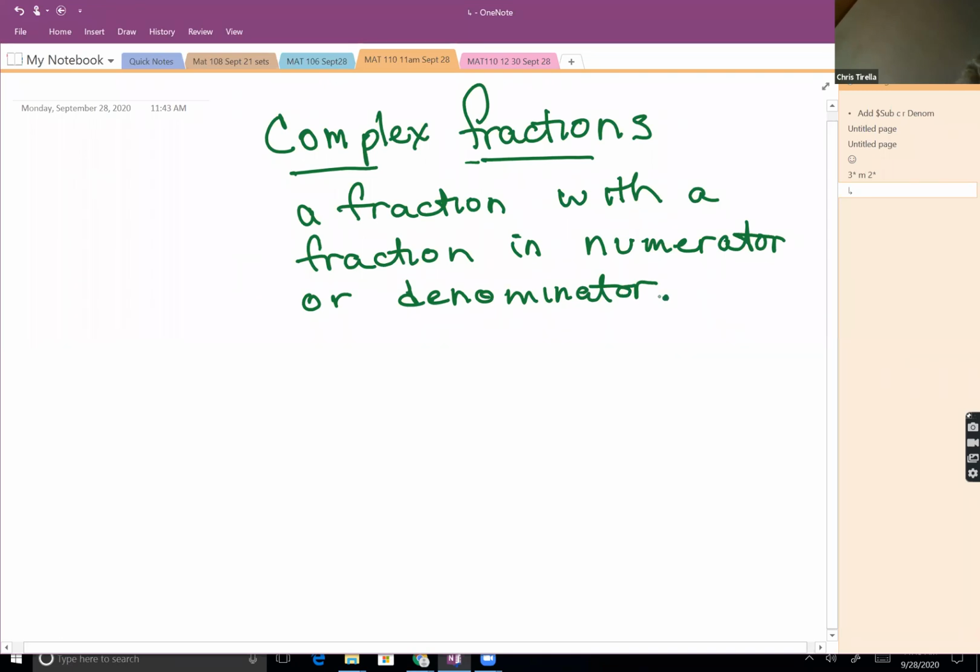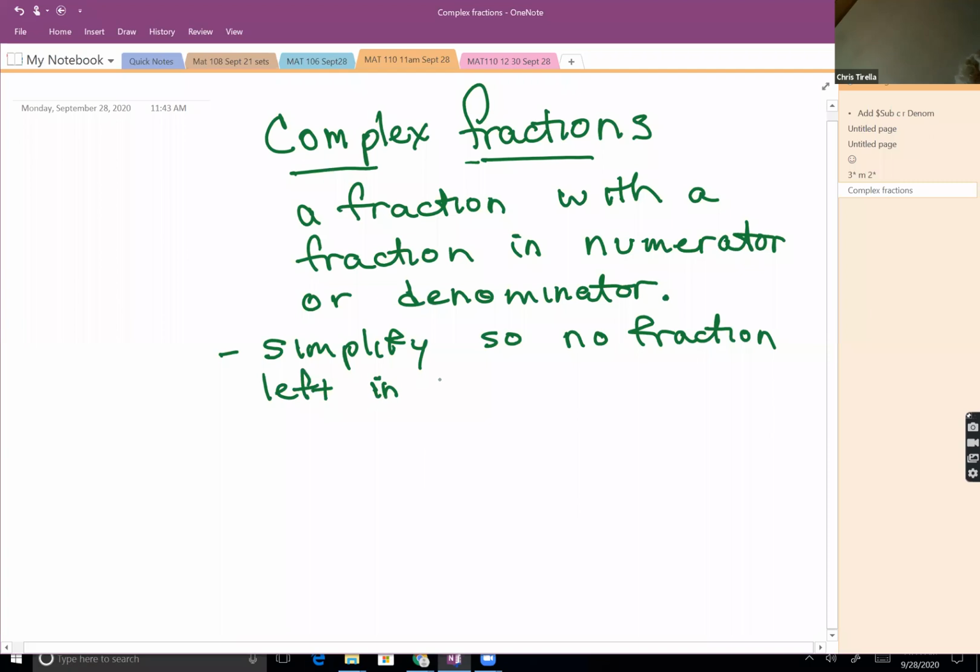What you want to do is simplify it so there are no fractions left in either. There are a couple of different approaches that you can take depending on whether you see the glass as half empty or half full.